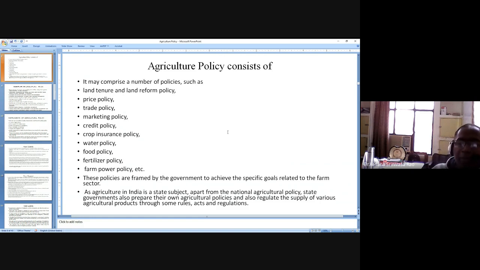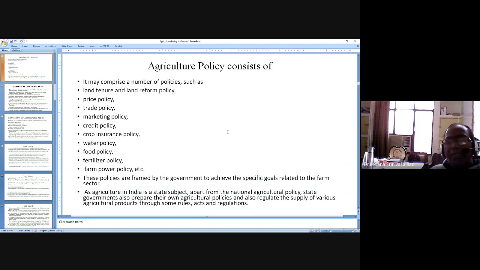So whenever the farmers are sowing their land, whatever the crop may be, those crops are being insured, and they pay a very minimum amount as an installment.